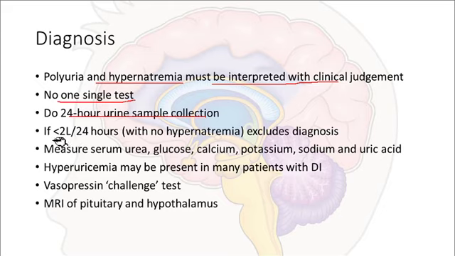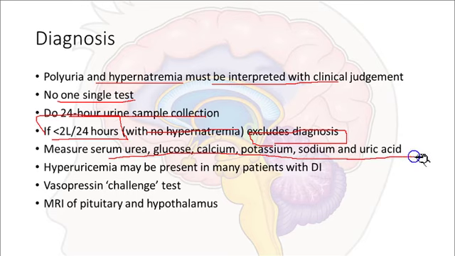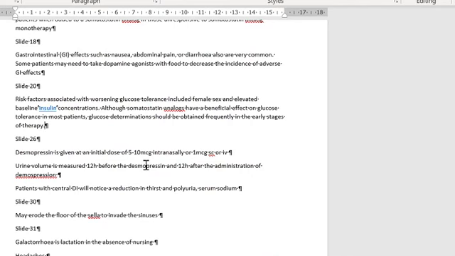If less than 2 liters is produced in 24 hours with no hypernatremia, this excludes the diagnosis of diabetes insipidus. You also need to measure serum urea, glucose, calcium, potassium, sodium, and uric acid. Hyperuricemia may be present in many patients with diabetes insipidus, and you may need to consider a vasopressin challenge test.